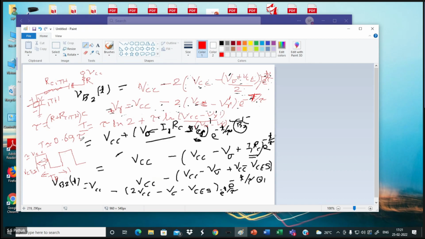So T you have computed as 0.69 into tau, and for another approximation, RC1 Thevenin's equivalent is very small compared to this R. So you can make tau equal to RC.